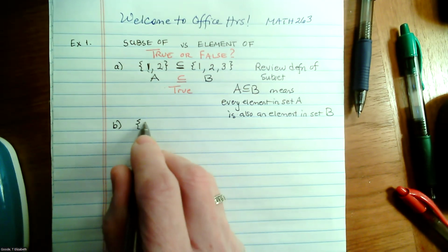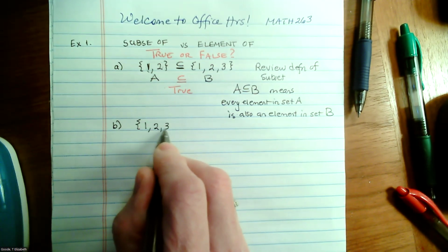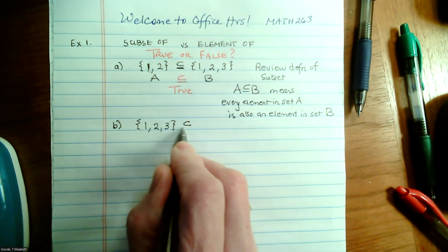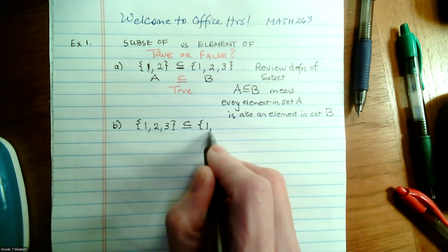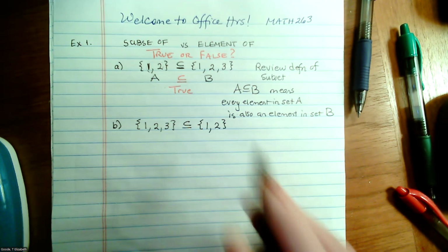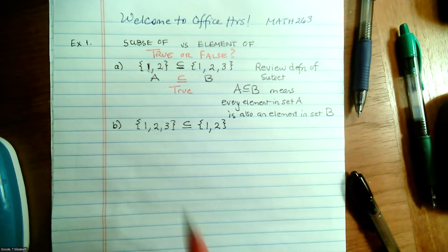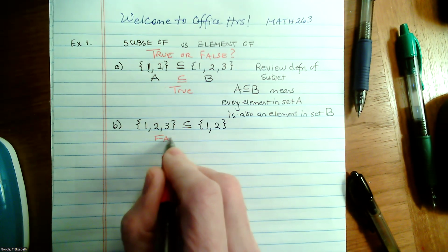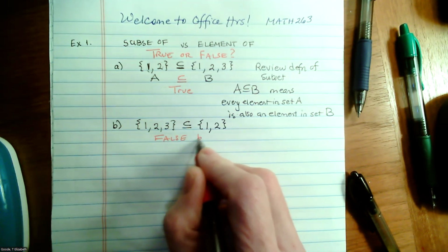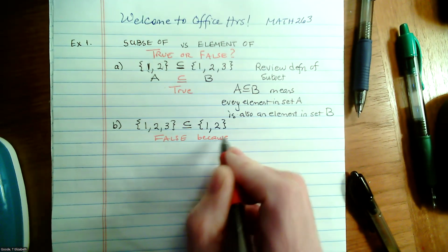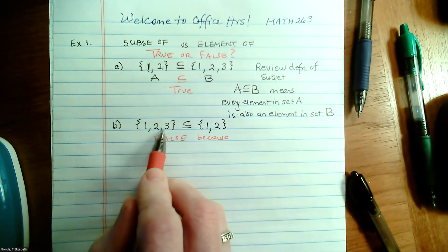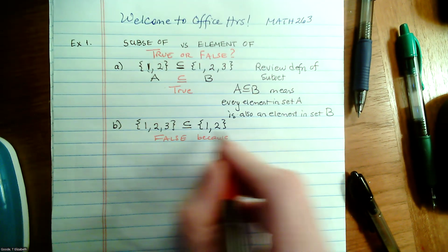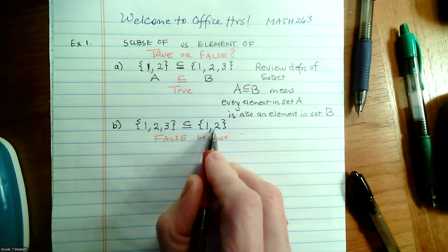Now, if we turn it around, is the set containing 1, 2, and 3 a subset of the set containing 1 and 2? True or false? It's false. Yeah, it's false, right? And why is it false? Because 3 is in the set A, and then B is just 1 and 2.